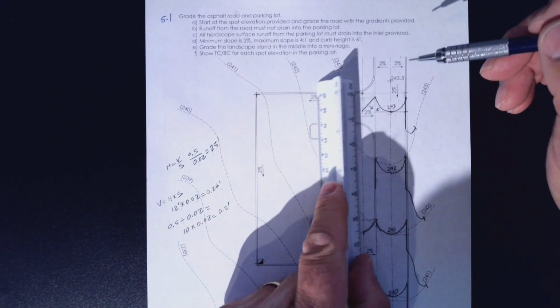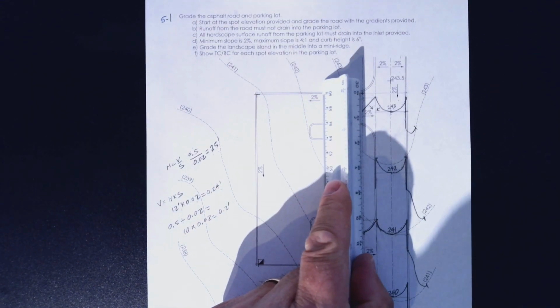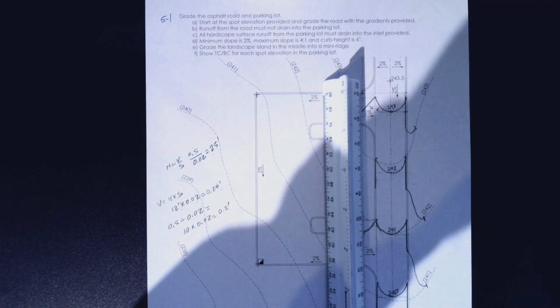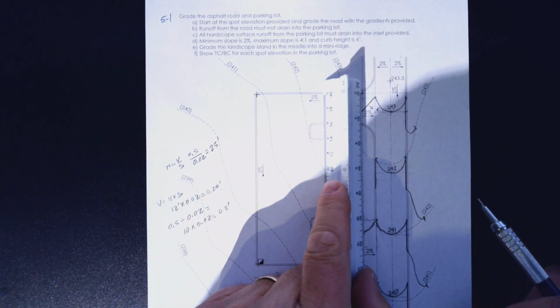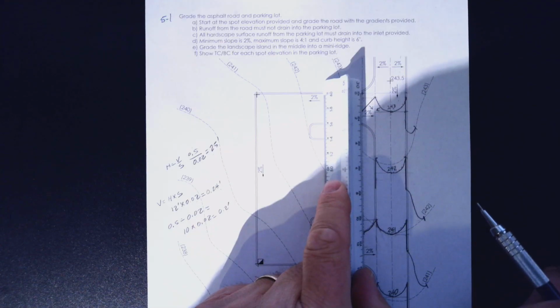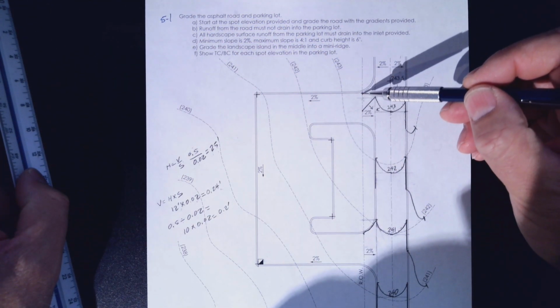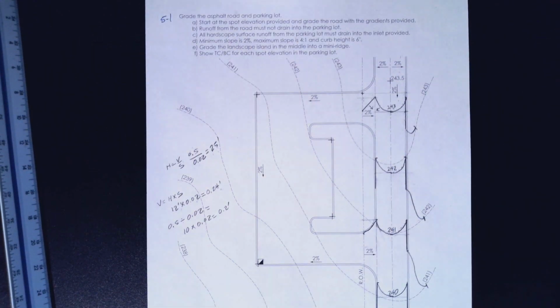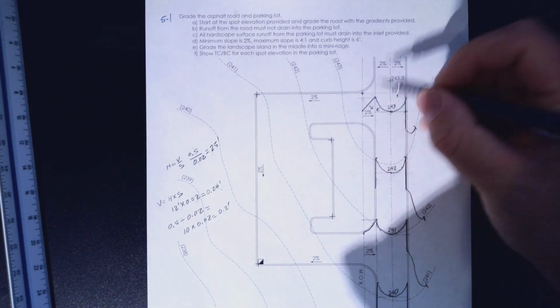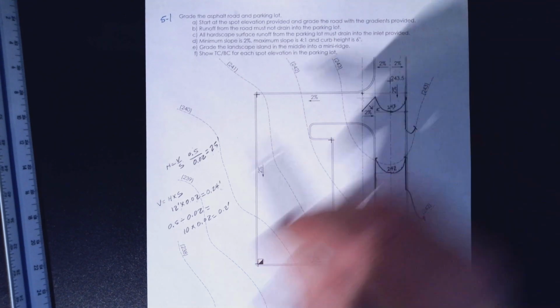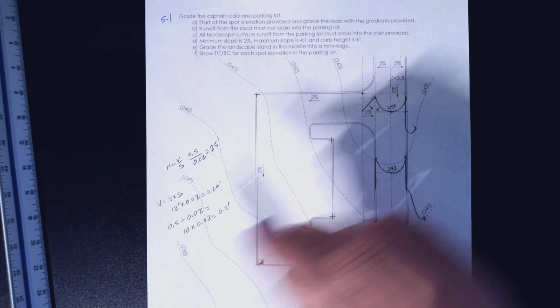So this is, put my glasses back on. That looks like it is 14 feet, 14 feet from this spot elevation to here. So 14 feet, we know that we don't know what the vertical is, correct? So we're going to go horizontal times slope.